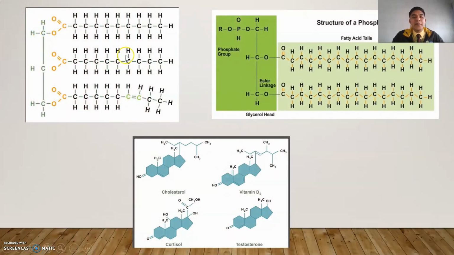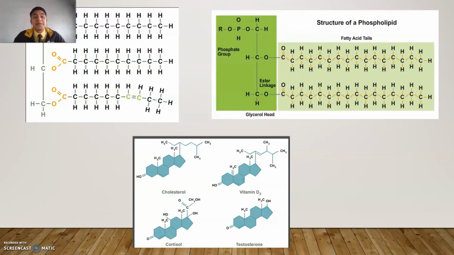Here we have an example of the ones that we had right there. The first one here are fats. It's an example of what fats look like. Just like you can see, we have 1, 2, and 3 fatty acids. All right, what happens on the right? Here we have an example of the structure of a phospholipid. And somehow they are similar because they still have 2 fatty acids, like the second and the third layer here.